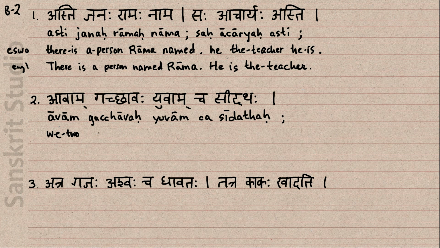So we have gachati here, but we two go, and we have yuvam, another pronoun, you two, the two of you, and sidati, but some other form here, which is the second person dual form, so it becomes you two sit, like that.